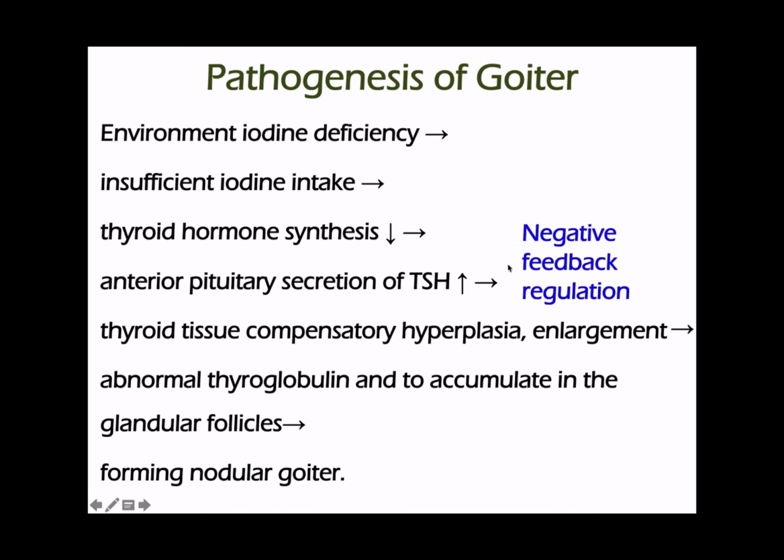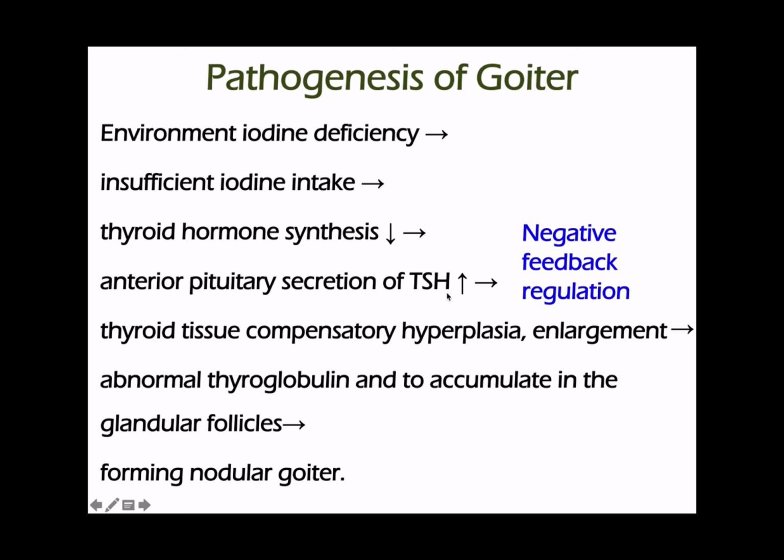So here there is a negative feedback regulation, because our human body is not going to sit still to be beaten, right? It's like during a fight, we are not standing there stupidly without moving, waiting for someone else to punch us. Our body is trying to fight against the insufficient iodine intake, or the reduced thyroid hormone synthesis, and that's why it increases the secretion of TSH.